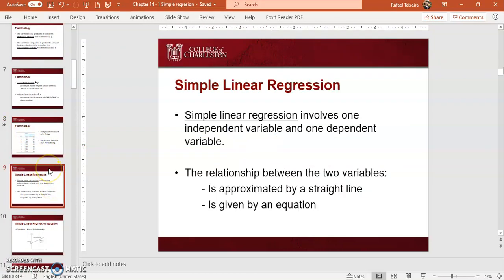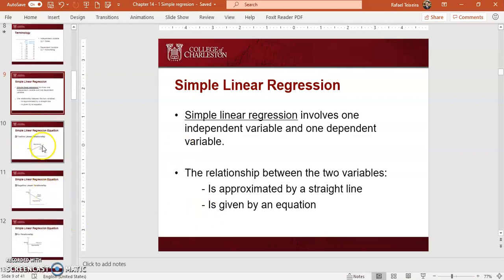And we're going to use a concept from math, simple linear regression, that establishes the relationship between one independent and one dependent variable. This relationship between two variables is approximated by a straight line and is given by an equation. You learned this equation in high school.